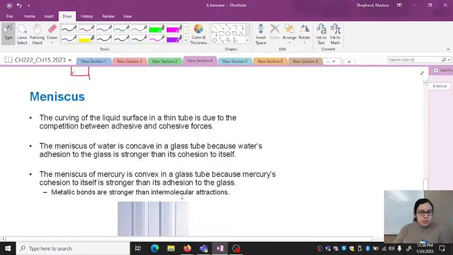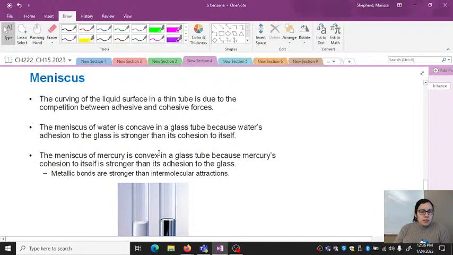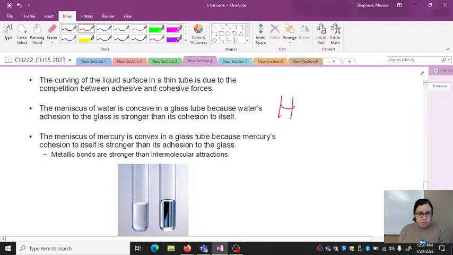And so now we mention it here: the meniscus, the curving of the liquid surface in a tube, is due to the competition between adhesive and cohesive forces. So the water is concave. Again, it goes lower since water's adhesion to the glass is stronger than its cohesion to itself. I think I had that backwards.